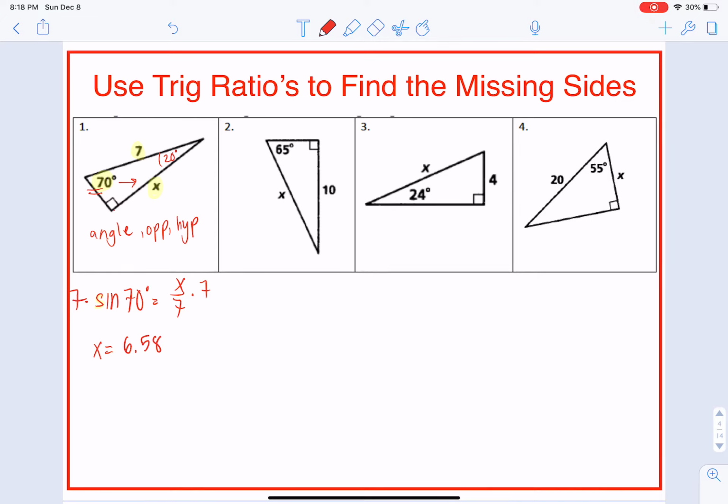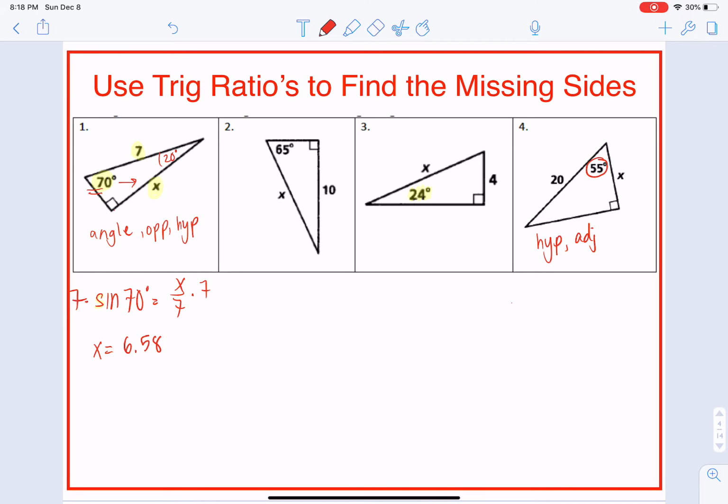Let's take a look at one more over here. I have this angle right here, and let's take a look at number 4, this last one. I'm given information about the hypotenuse, and I'm looking for the adjacent side.